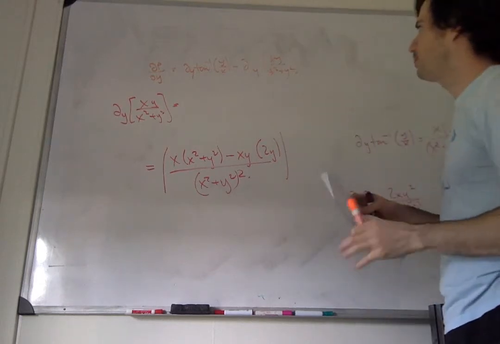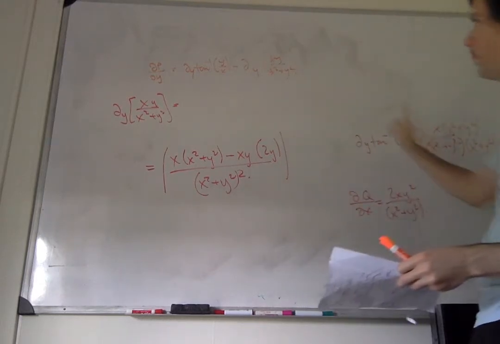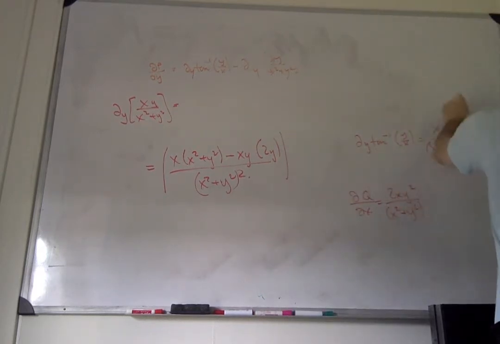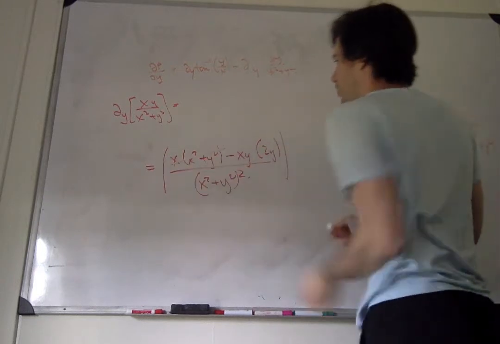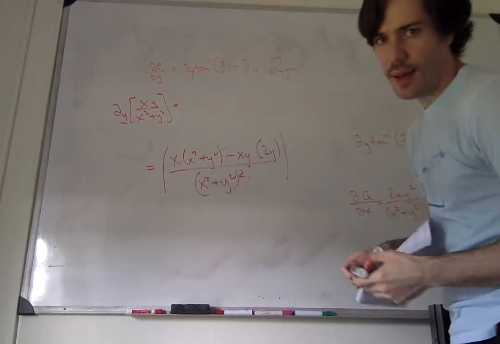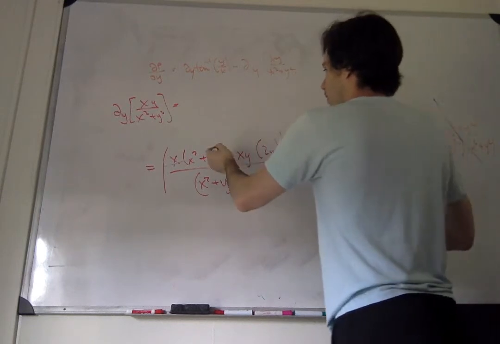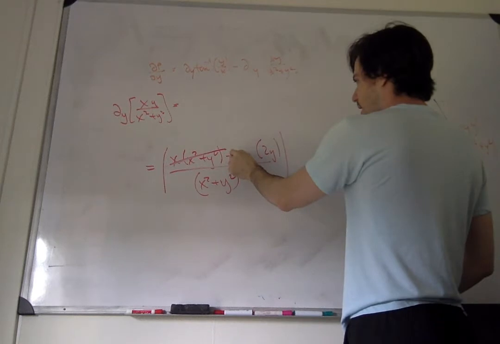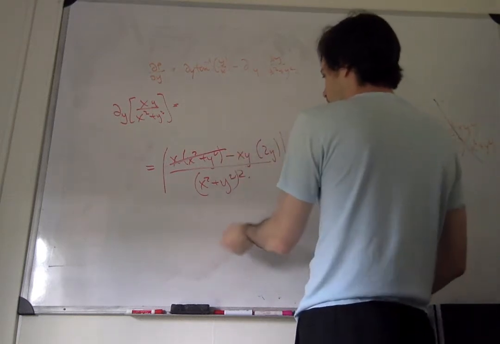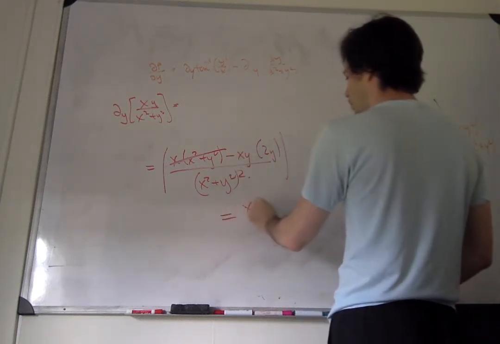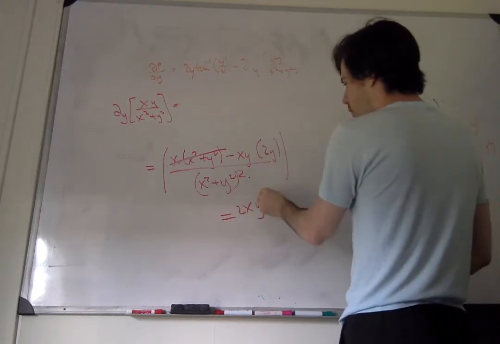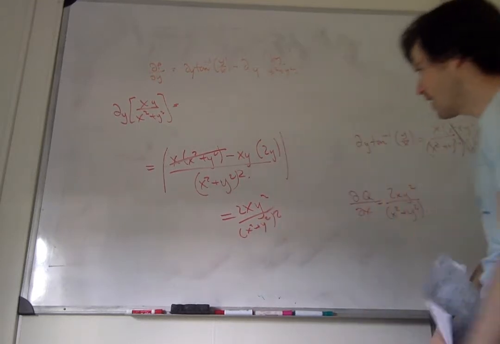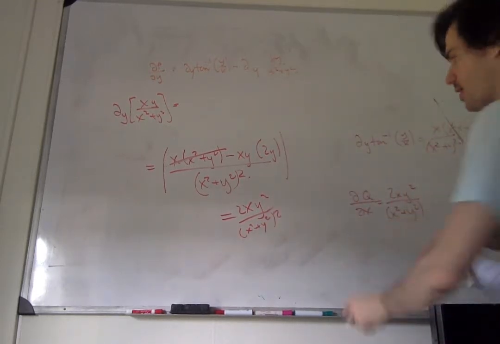When you do this minus this, it's pretty clear that this and this are going to cancel. They absolutely cancel. So what you're left with is this, and that minus sign, because you're subtracting, is going to become positive. So this is going to be 2xy squared over x squared plus y squared squared. Hey, that is exactly the other thing, right?